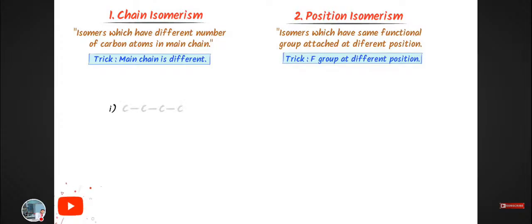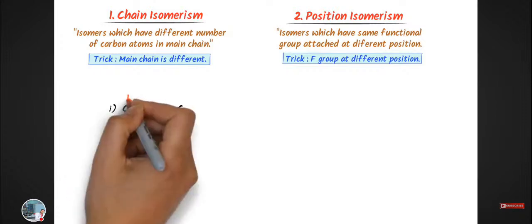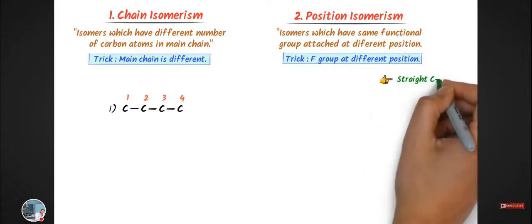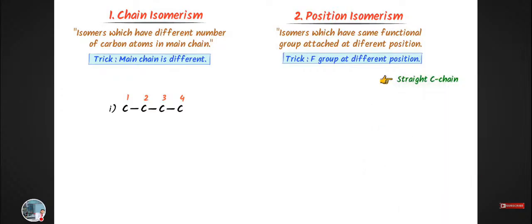For example, consider butane. We can see that there are 4 carbon atoms present in the main chain. Remember that if the carbon chain is straight, we call it n-chain. So this is n-butane. Now I will cut this carbon from the main chain and I will attach it at the second position.